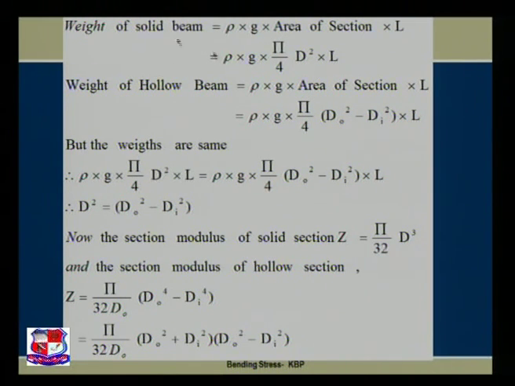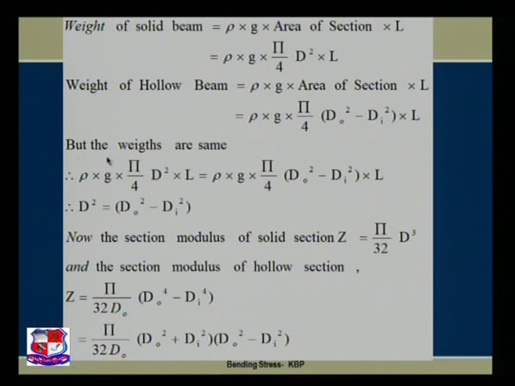So, weight of the solid beam is rho into G into pi by 4 d square into L, while weight of the hollow beam is equal to rho G into area of hollow beam, that is pi by 4 (do square minus di square) multiplied by L, as L is the length of each beam remaining the same.